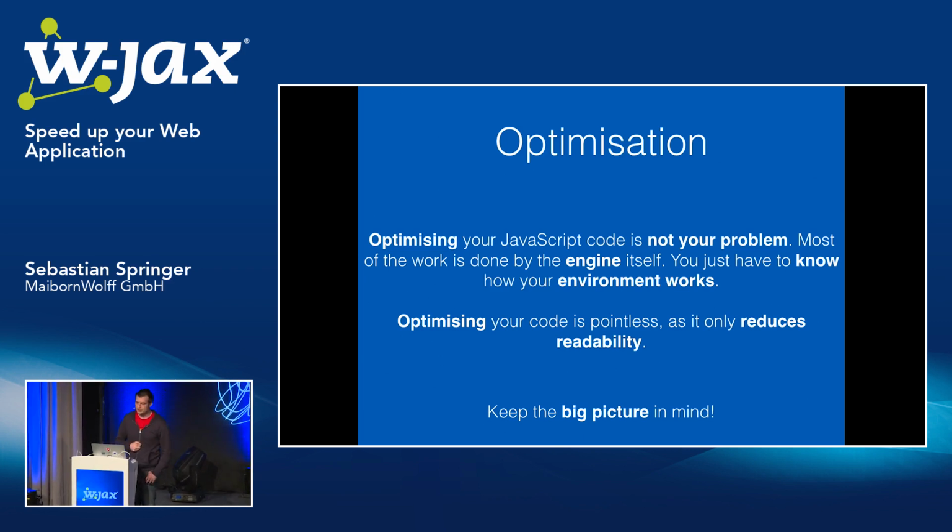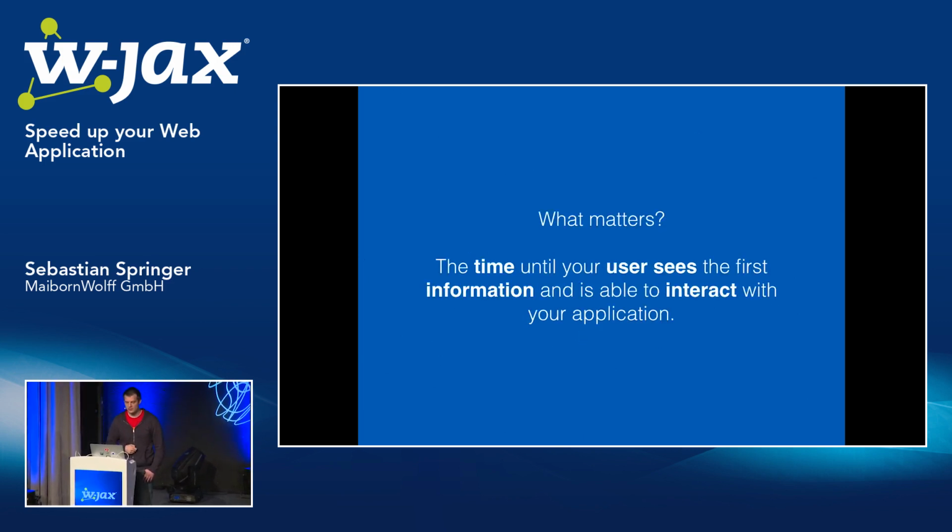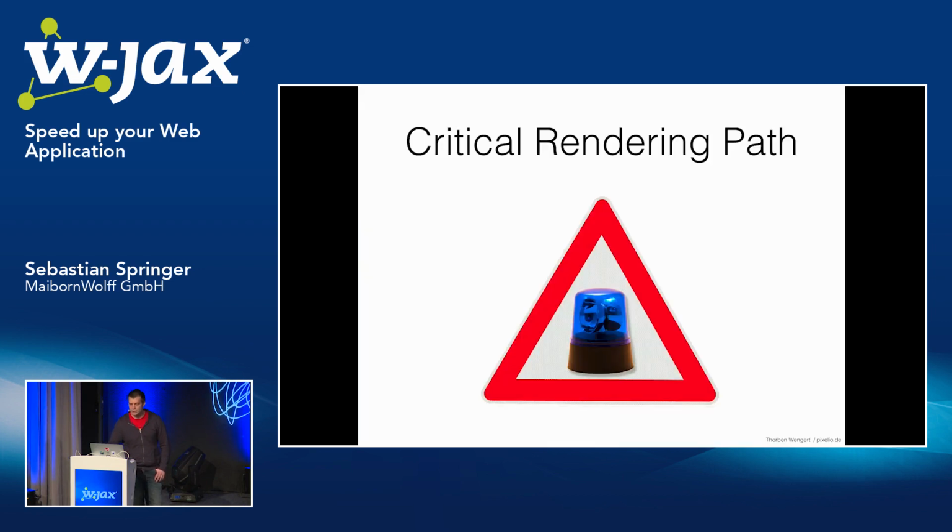So what's interesting for us? It's very simple: the time until the user can interact with our application. This is the first and the key metric of the performance of our application. And this is tightly coupled to a thing called the critical rendering path.